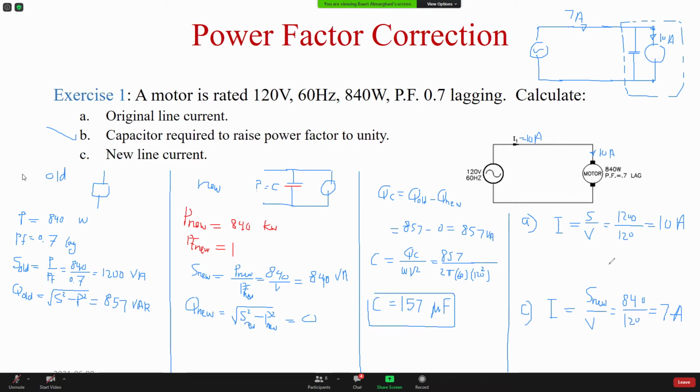The procedure is exactly the same. Even in the 3-phase, there is only one extra step. So I'm going to continue.